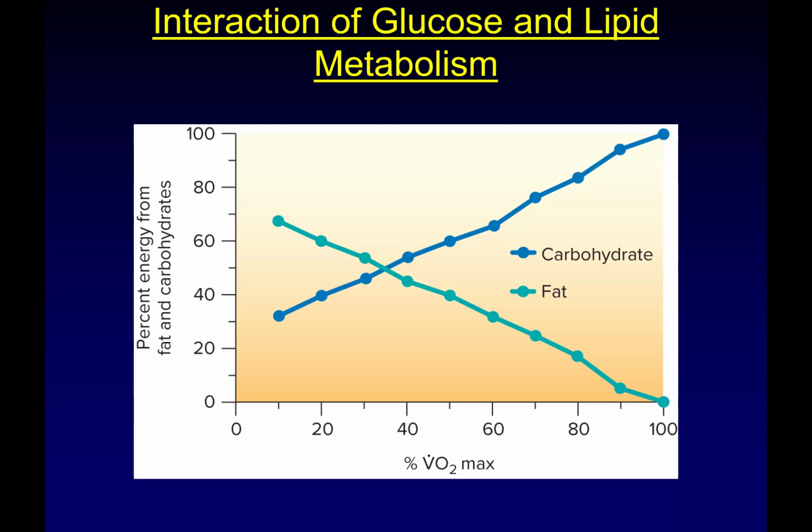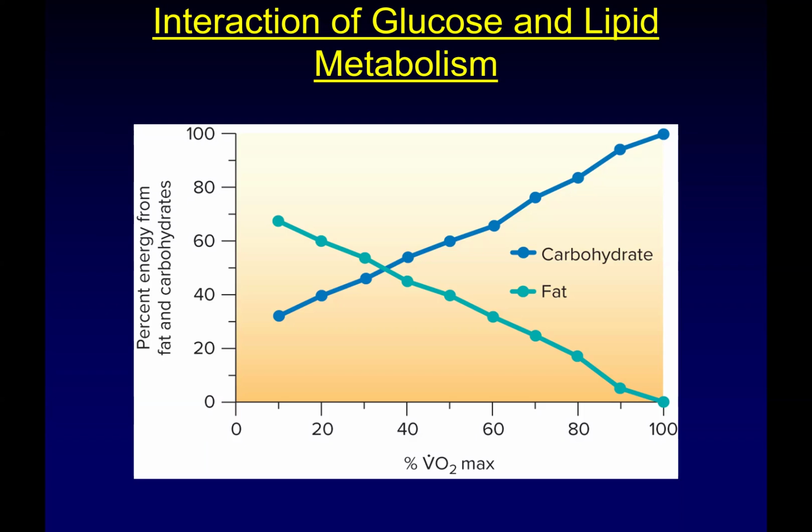As the intensity of exercise increases, so as energy demand increases, we're going to go here. Maybe a walk, maybe a jog, a brisk jog, up to something that's much higher in intensity. What you will notice is that our carbohydrate use is going to go up, and our fat use is going to go down as a percentage of the total energy expenditure.